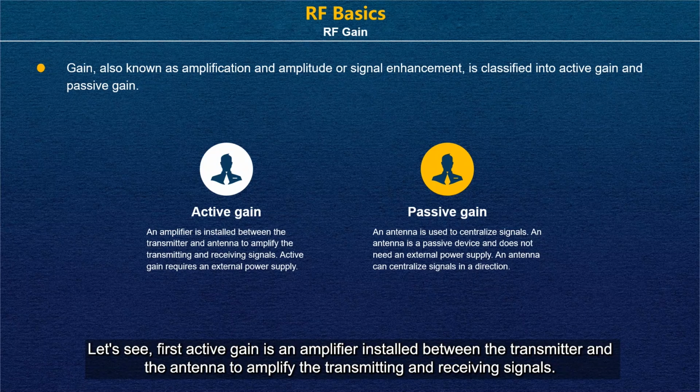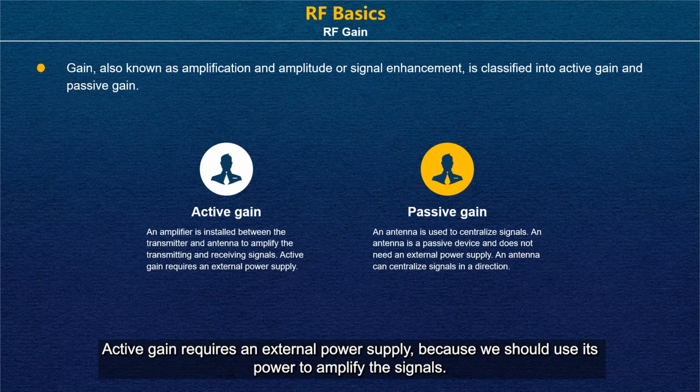First, for the active gain, an amplifier is installed between the transmitter and the antenna to amplify the transmitting and receiving signals. Active gain requires an external power supply because we use its power to amplify the signals.